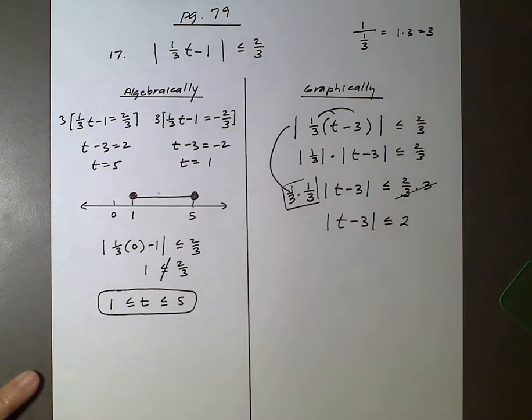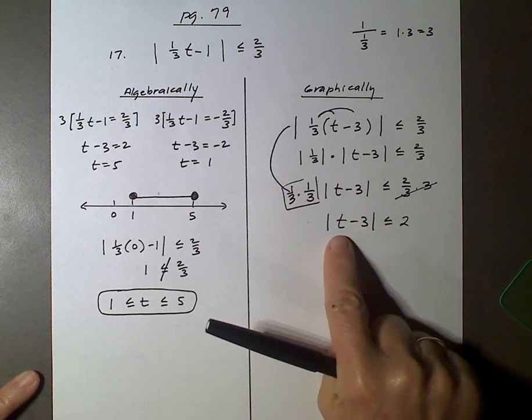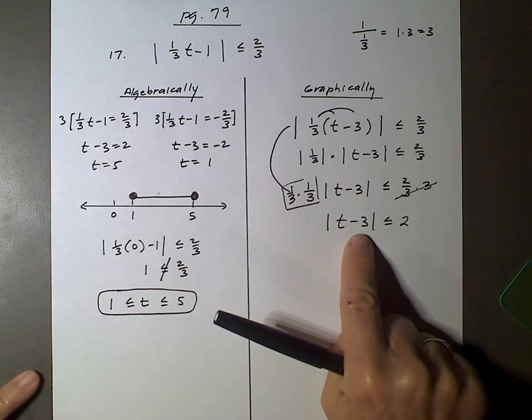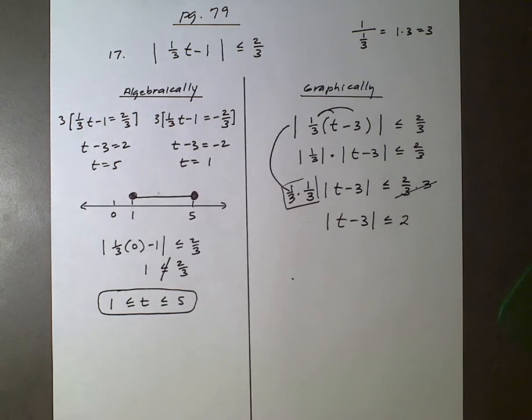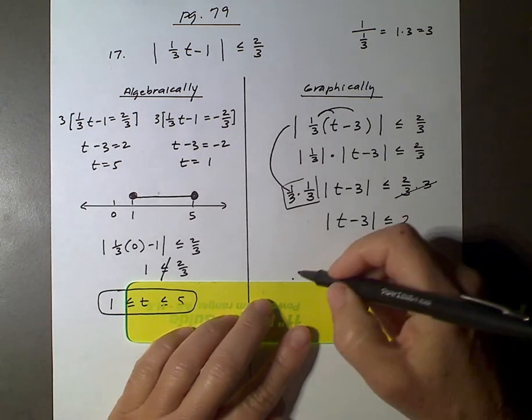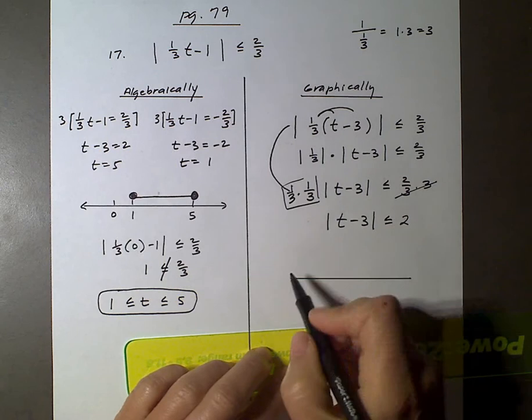Okay, so if I read this the way that we read an absolute value problem, this says I'm looking for a number or a range of numbers t whose distance from 3 is less than or equal to 2. So my middle value is a positive 3, because remember this is subtractive format.